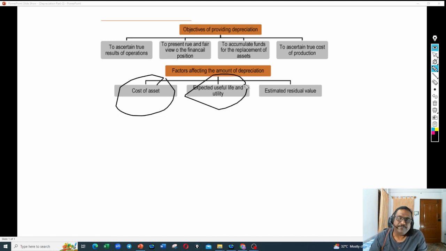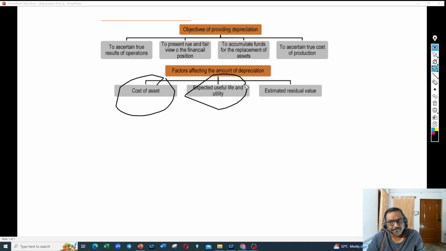Estimated useful life of asset. You go to any manufacturer who is manufacturing a machinery or an asset. He will decide, okay, I'm manufacturing this machinery, I'm going to sell this, and this machinery is going to be used for 10 years. This machinery is going to be used for 15 years. Estimated useful life of this machinery is 10 years, 15 years, 20 years.